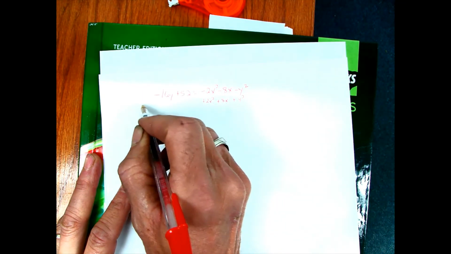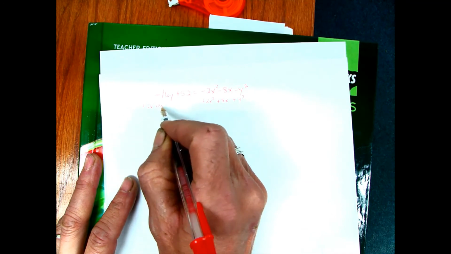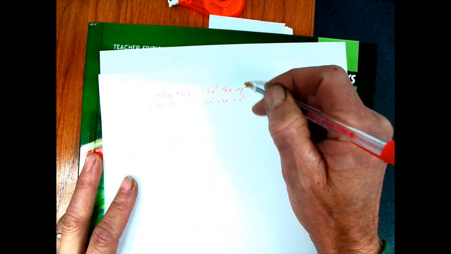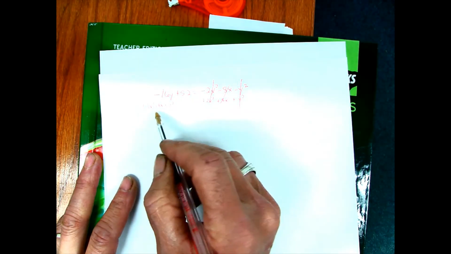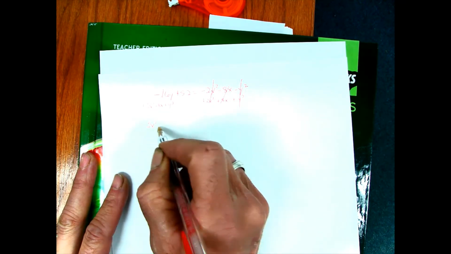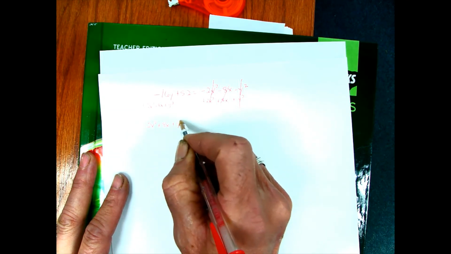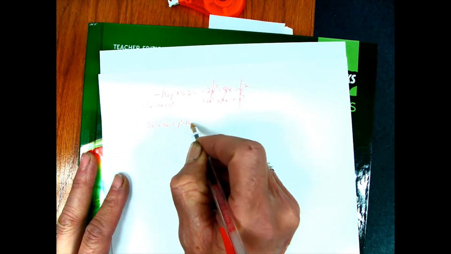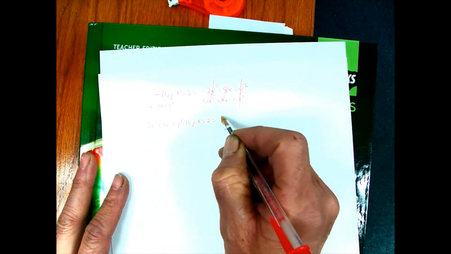Same thing over here, plus 2x squared plus 8x plus y squared. So over here on the left-hand side now, we have 2x squared plus 8x plus y squared minus 16y plus 52 equals 0.